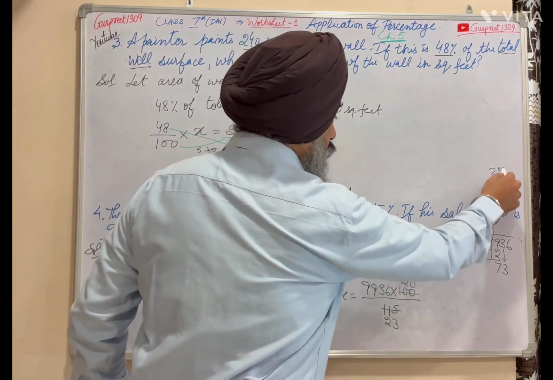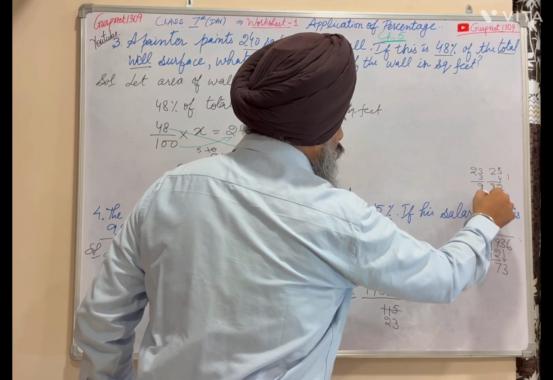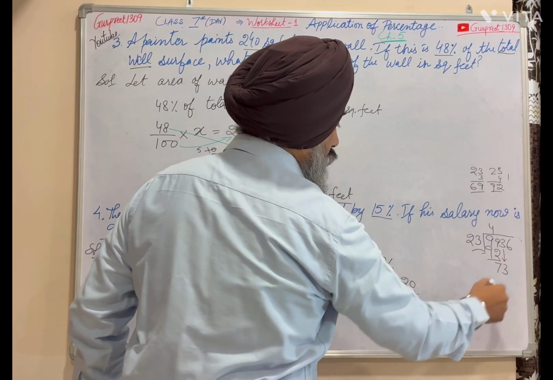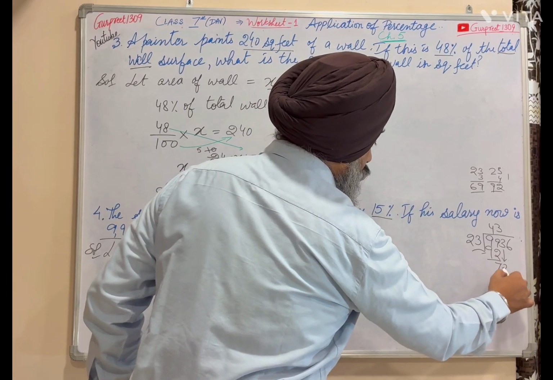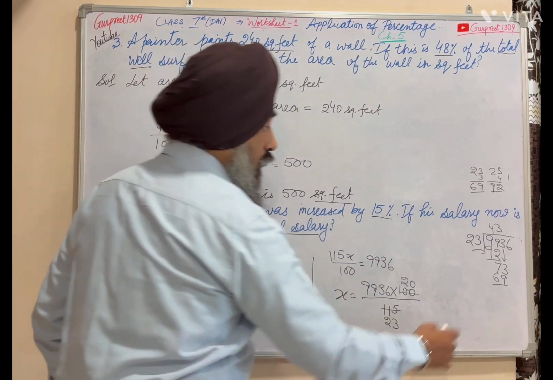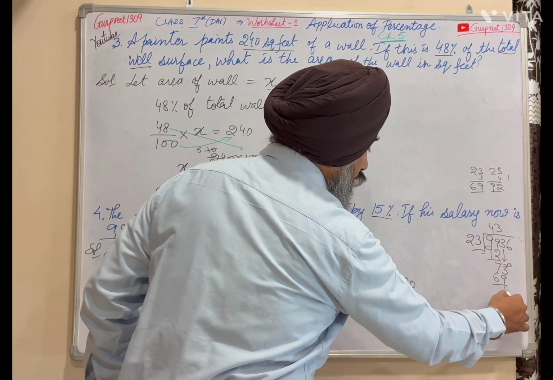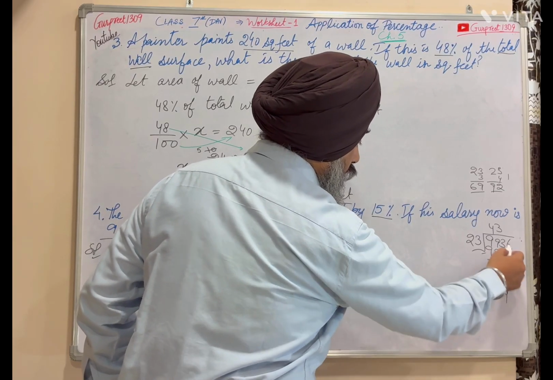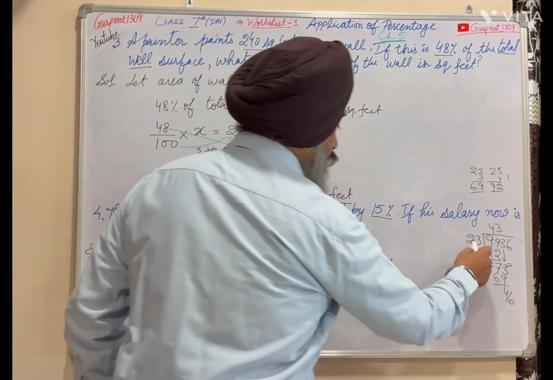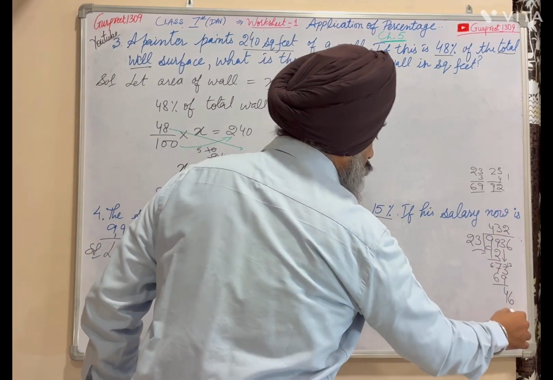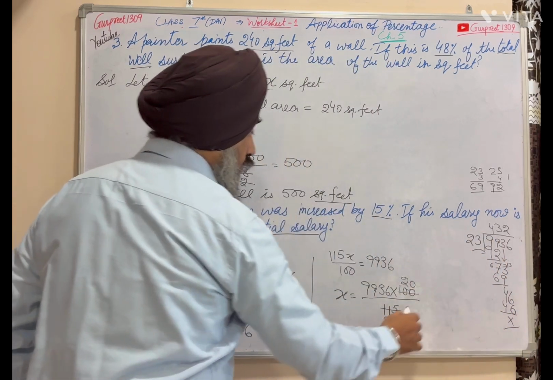Now 23 threes are 69, so we apply 3 here. 13 minus 9 is 4, so this 6 is 0. 46 comes down. Now 23 twos are 46 and we get the answer 432.